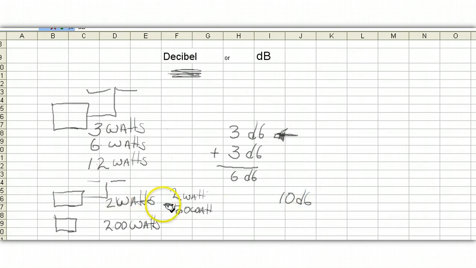Now notice you haven't gotten to the 200 watts, but again, by a factor of 10, if you go from 20 watts to 200 watts, you've increased it again by 10 dB. So your total improvement is 20 dB.